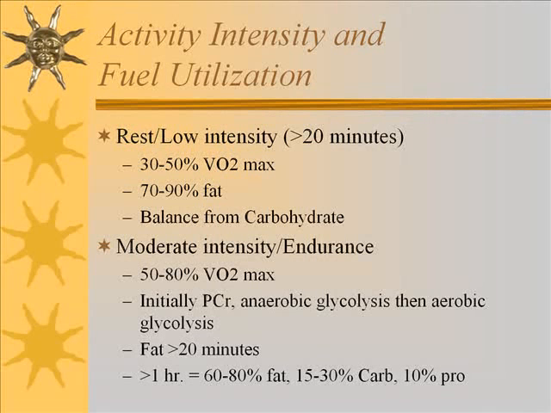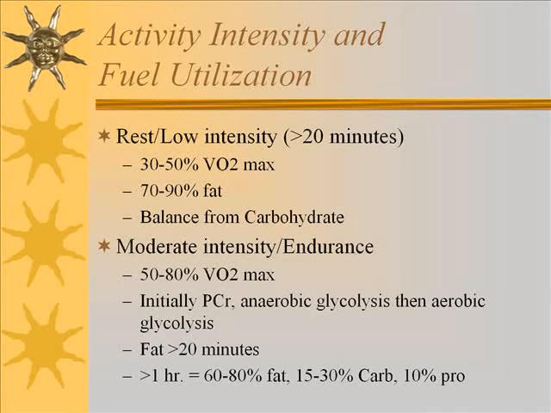At rest or low intensity for greater than 20 minutes, and I gave a sample of what VO2 max you might be at in this scenario, we would use 70 to 90% fat for energy. The rest would come from carbohydrate.